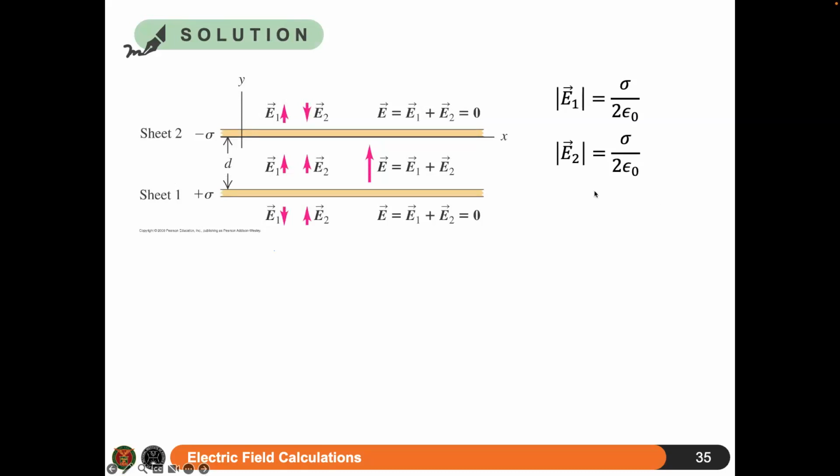We can draw the vectors of the electric field contribution as follows.